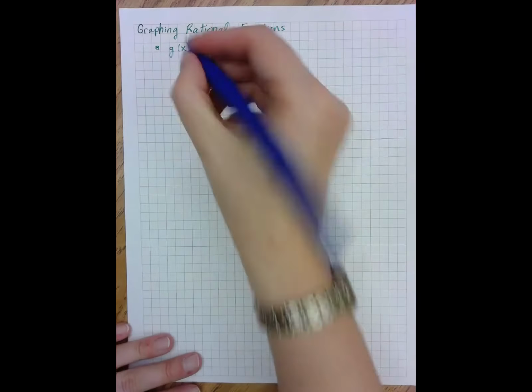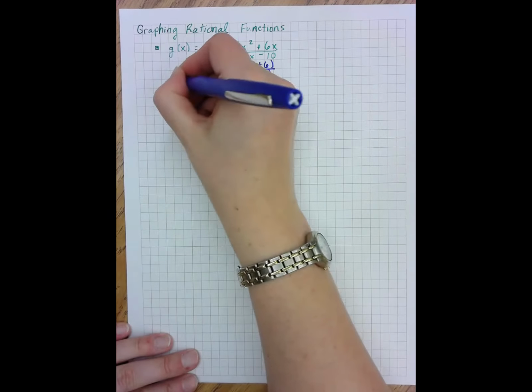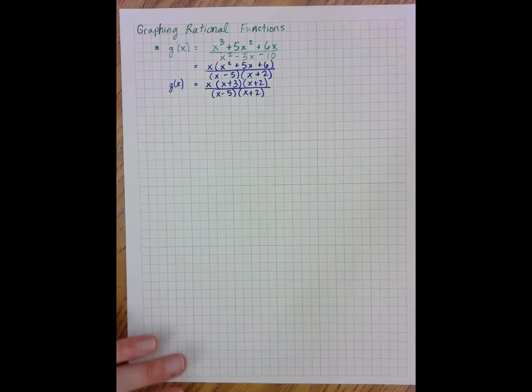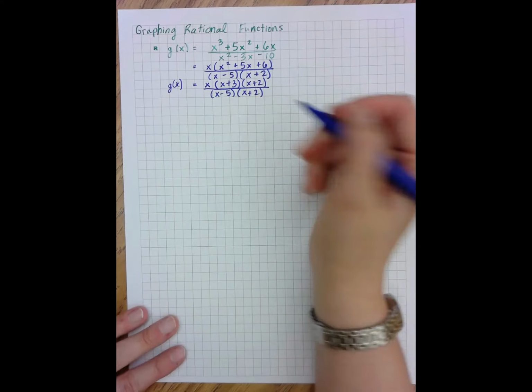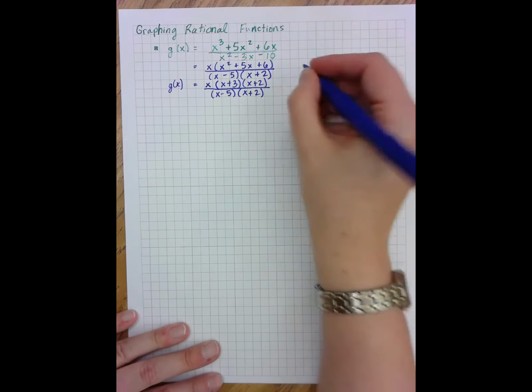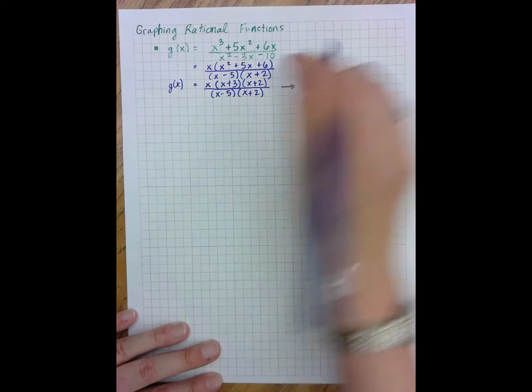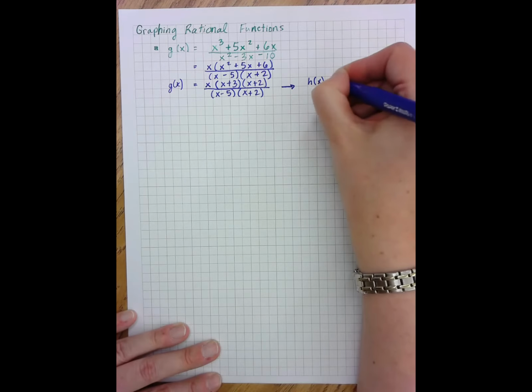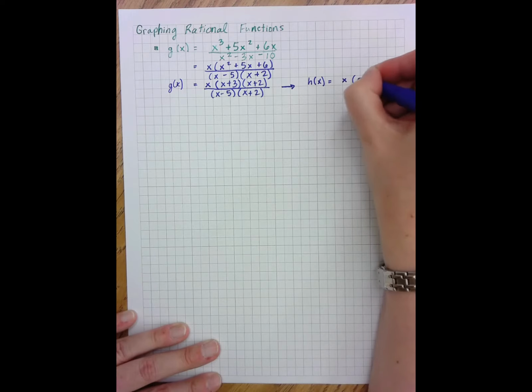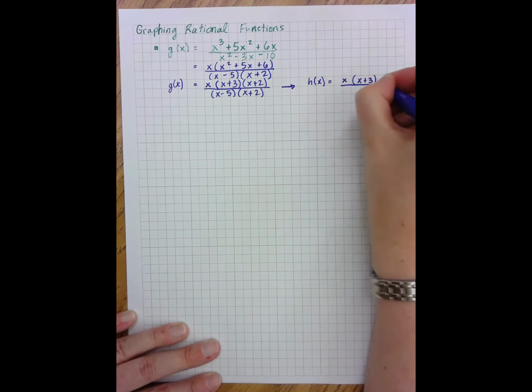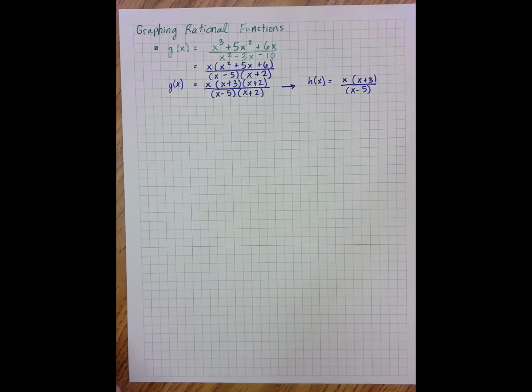Okay, so there are a couple of things that I can see straight away. The first thing that I notice is that I have an x plus 2 in the numerator and the denominator, which means that if I were to graph g of x and then also graph the related function h of x, they would be almost the same. The one catch being that the g of x function has a hole.